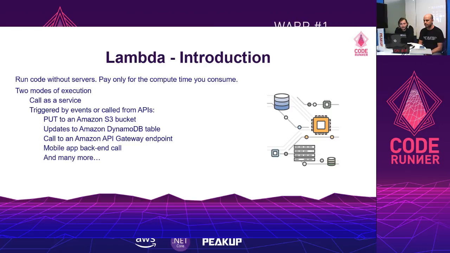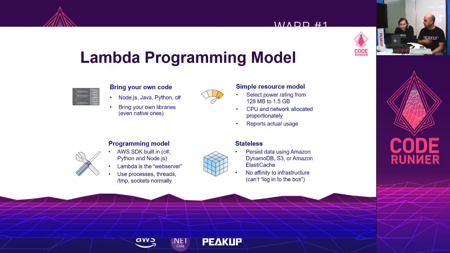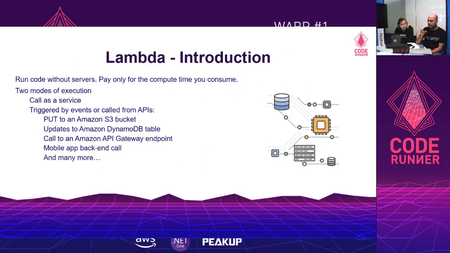And you only pay for the compute time you consume. By the way, let me add a note: we pay only for the compute time we consume. It's a great thing. There's a free tier, and in this free tier we have 1 million free requests. The first 1 million requests are free in AWS Lambda.